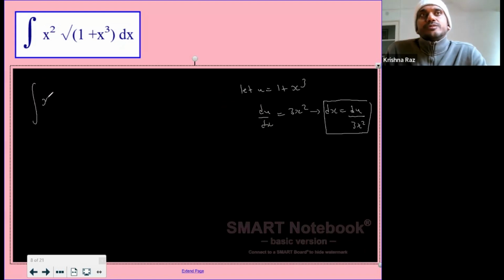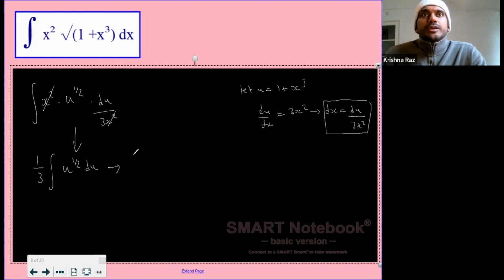So we have the integral of x squared times u to the half times du over 3x squared. So you can see this cancels with this. So the integral becomes 1/3 of u to the half du.